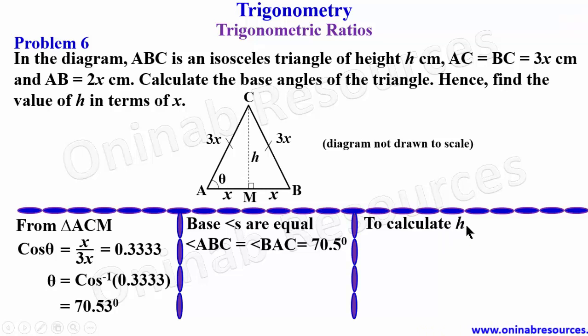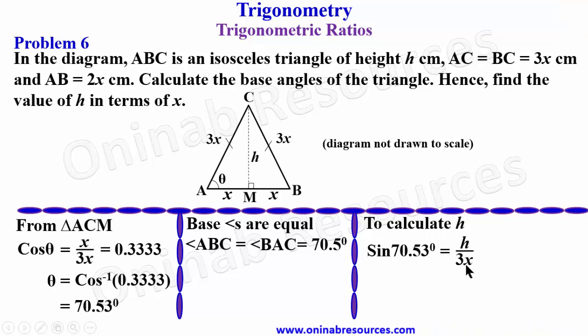To calculate the height h, we still look at the same triangle ACM, where CM is the height, and opposite we can use sine. So we have sine 70.53 degrees is equal to opposite, which is the height, over hypotenuse 3x.